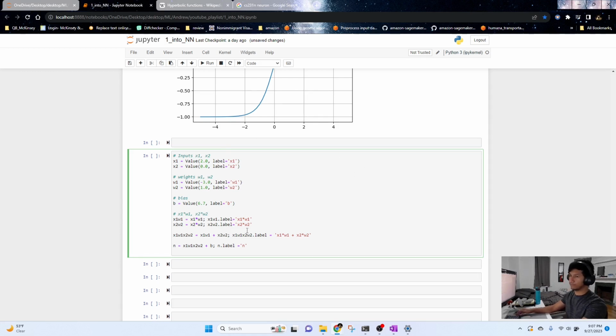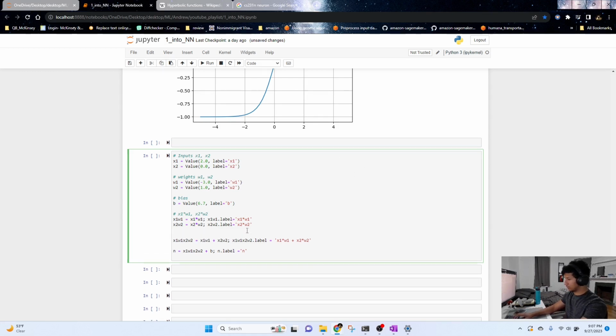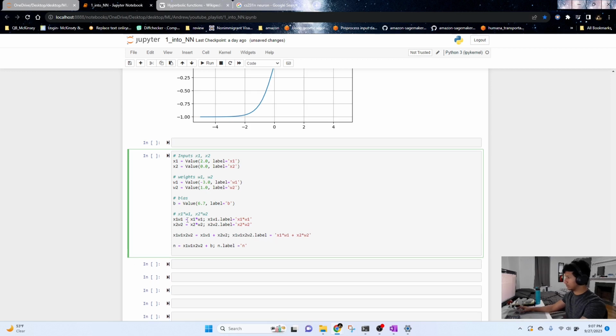And now this is x1 times w1 plus x2 times w2, and then we are also adding bias, plus b, which equals n. That is basically broken down into different values.